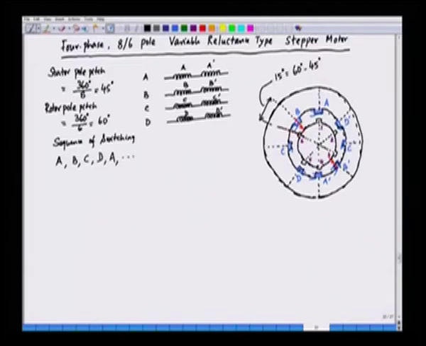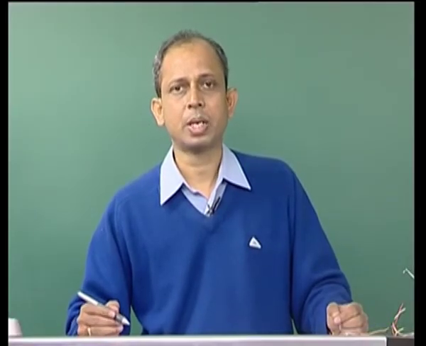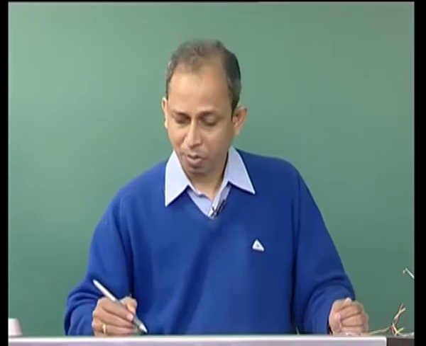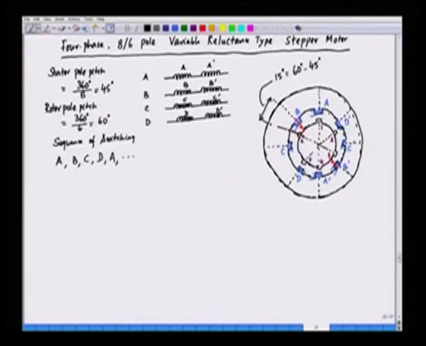From 1 to 6 is 60 degrees, and from phase A to phase B of the stator is 45 degrees. So, if you subtract 45 from 60, we get 15 degrees. This 15 degrees is the step by which the rotor will move.